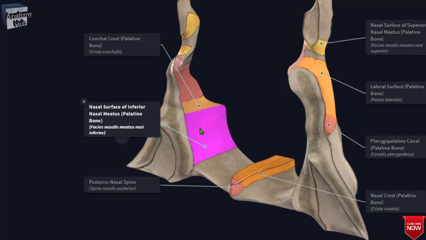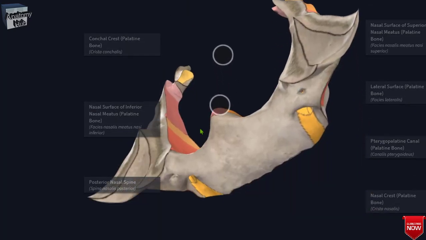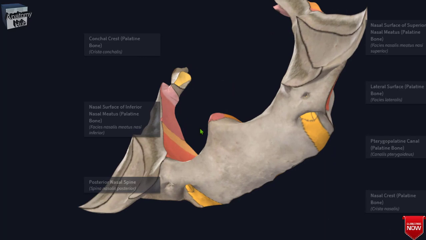The greater and lesser palatine nerves are found in the horizontal plate and the pyramidal process of the palatine bone. These two areas are quite sensitive, and for this reason they need to be anesthetized before the extraction of the upper premolar and molar teeth.